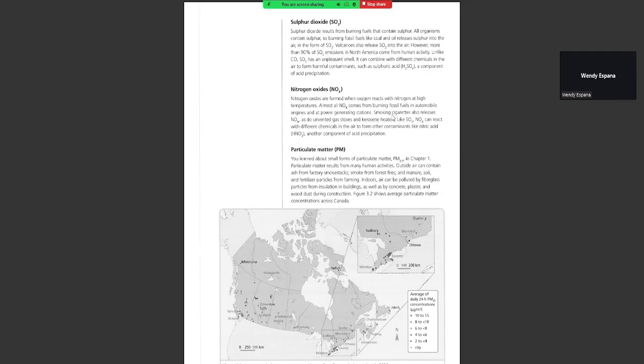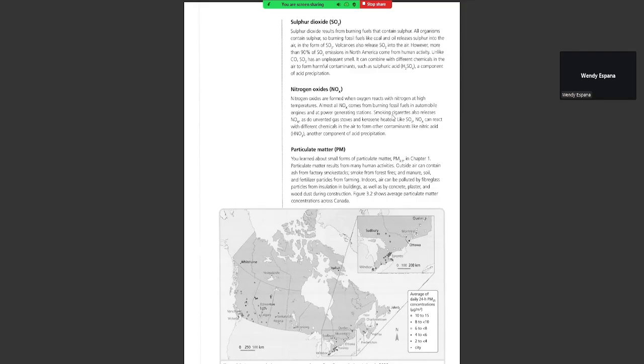Figure 3.2 is really interesting because it's showing you how much particulate matter is measured at different monitoring stations in Canada. You'll see they are showing where it has higher or lower concentrations. You can see across the map that most of the capitals of the provinces and territories have the larger numbers.